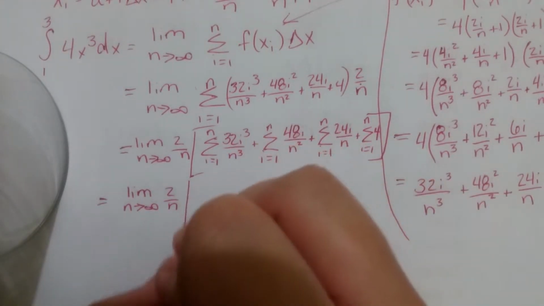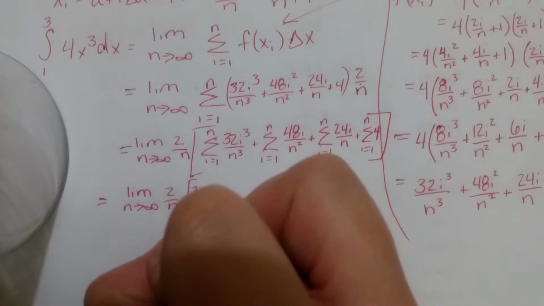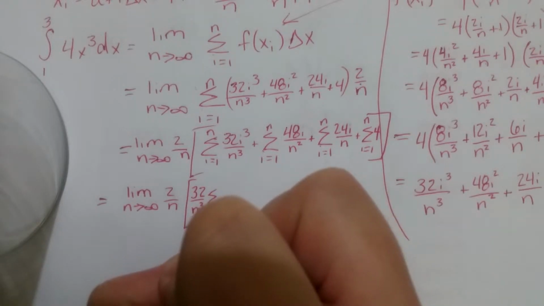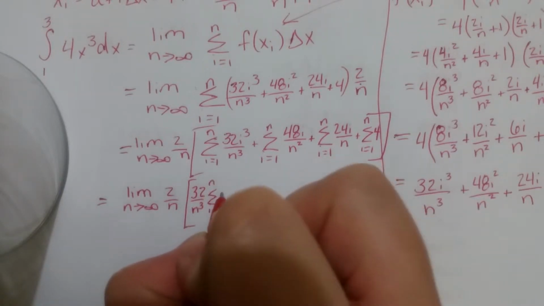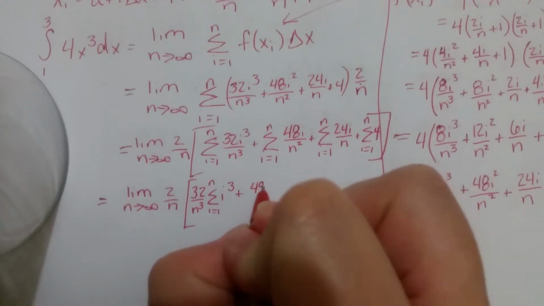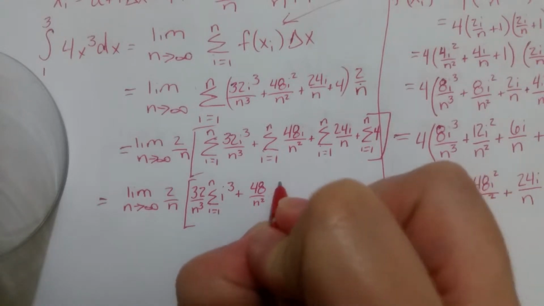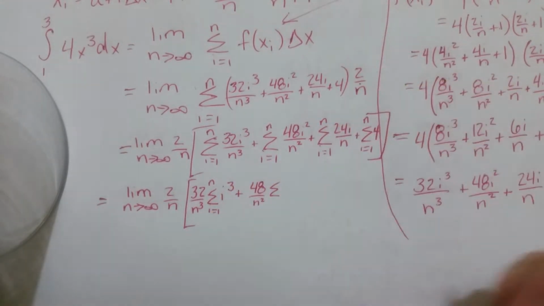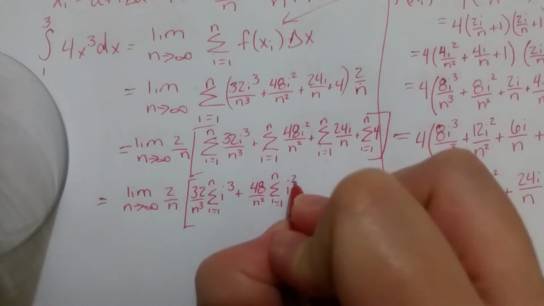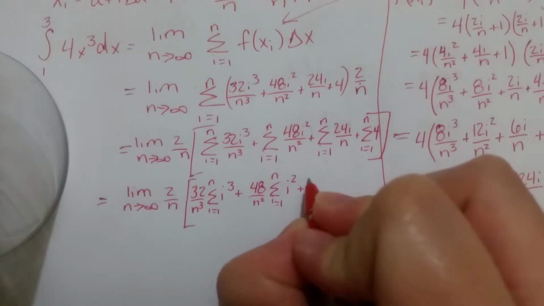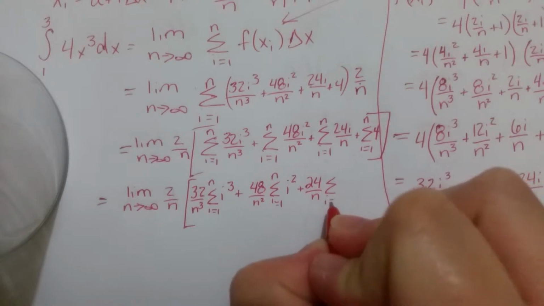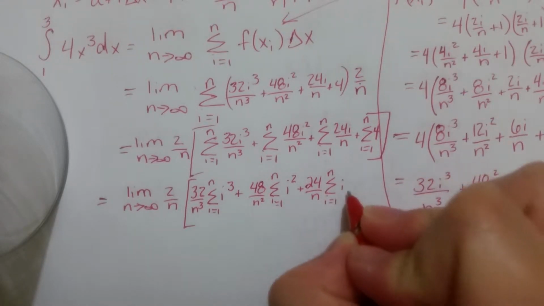And then from here, we have 32 over n to the third, and then it's the sum of i to the third, plus 48 over n squared, and the sum, oh, that was supposed to be i squared, of i squared, plus 24 over n, the sum of i.